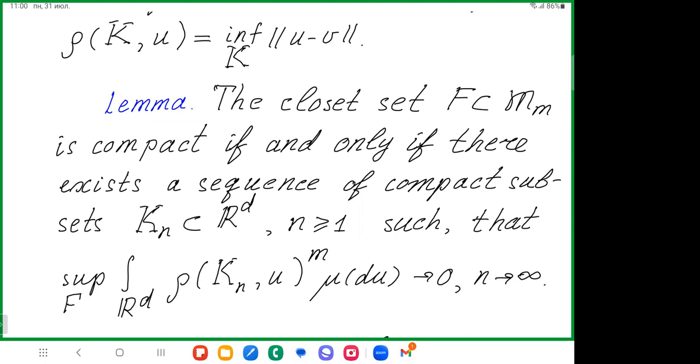Okay, and this is a characterization of compacts in the set of probability distributions on R^d relative to different Wasserstein distances.